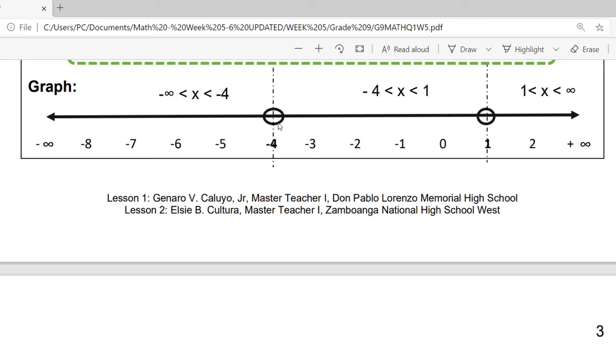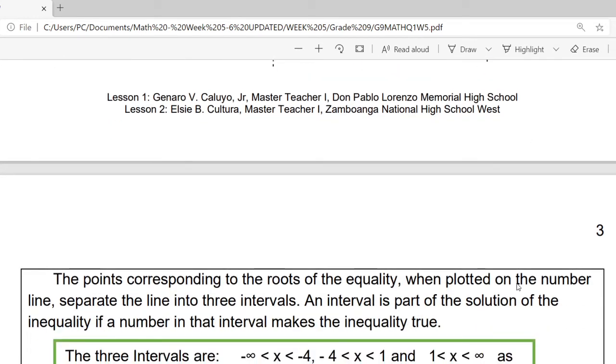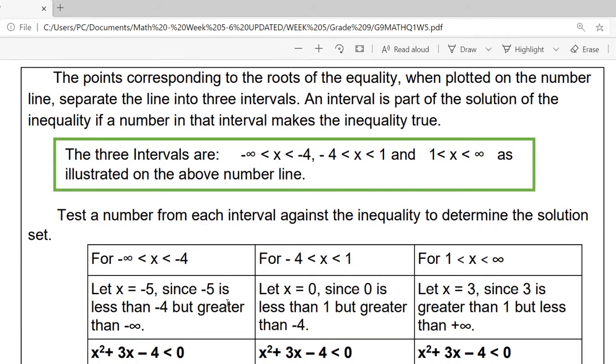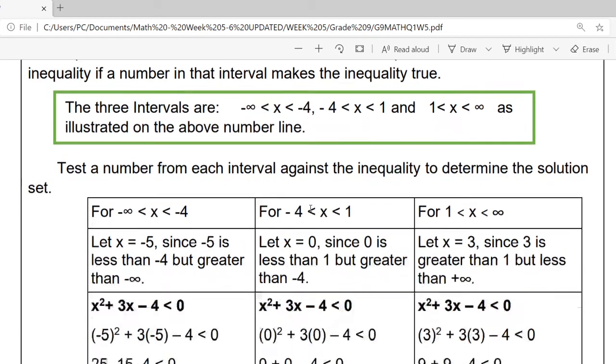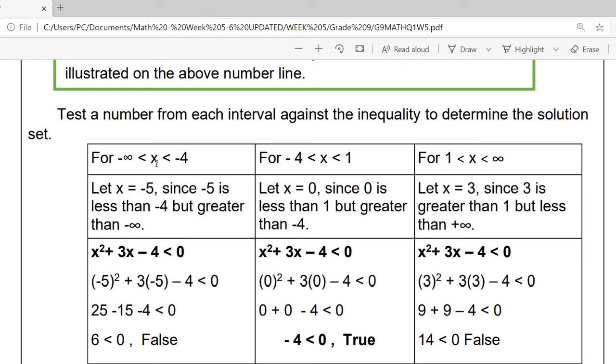Then we have another test point from here, and another test point from here. So in the example, you have the following test points. We test a number from each interval against the inequality to determine the solution.